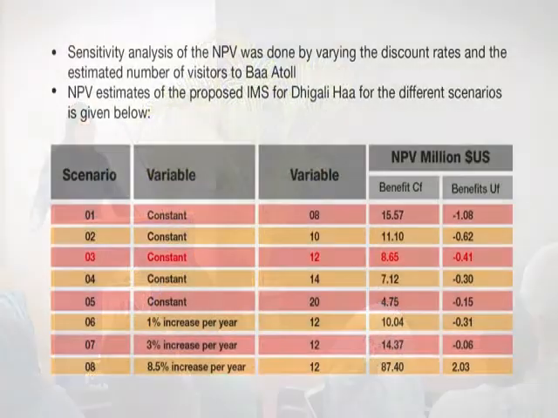Number 3 here is the one which I used for my actual cost benefit analysis, although I ran the other scenarios to see how it varied. You can see from almost all the scenarios except this one, the user fee net present value comes negative. That means it's not feasible to have only a user fee.